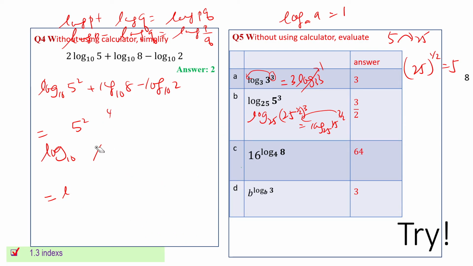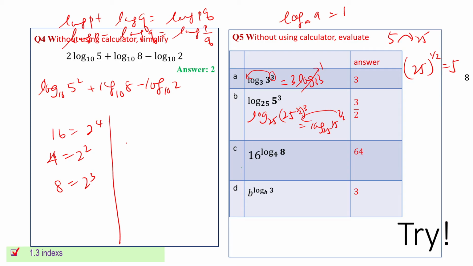Okay, 16 actually is 2 to the power of 4. 4 is 2 to the power of 2, 8 is 2 to the power of 3.